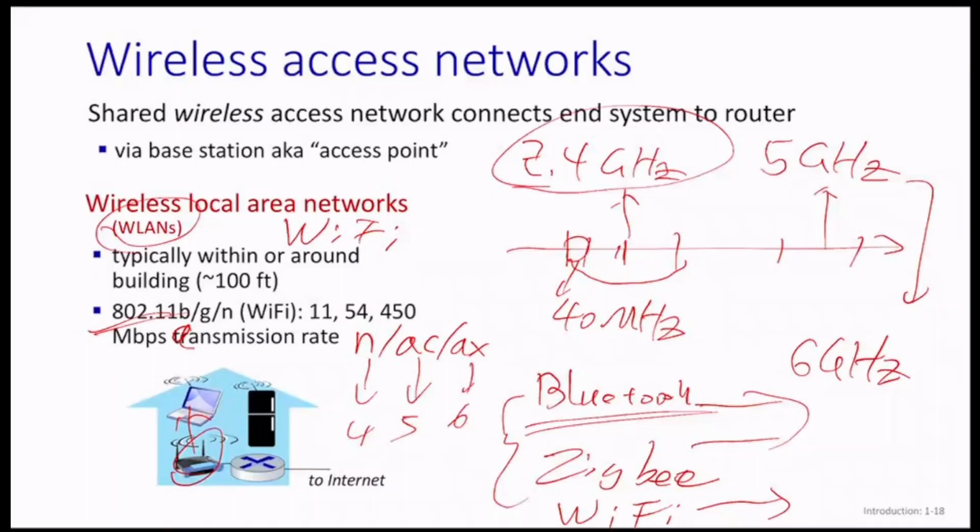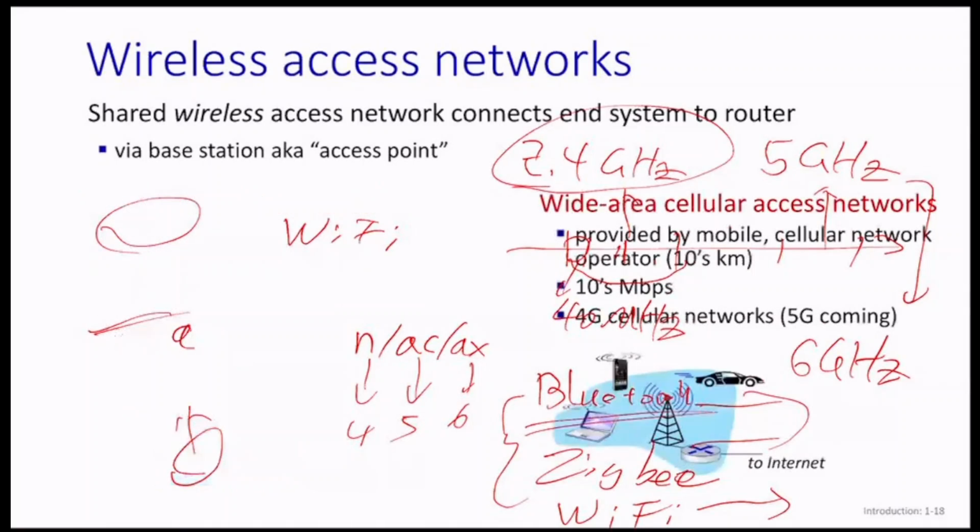This is the advantage of these two. Zigbee is also used for some sensor networks. There are different things for Wi-Fi, Bluetooth and Zigbee. Here I mainly focus on discussing WLAN.